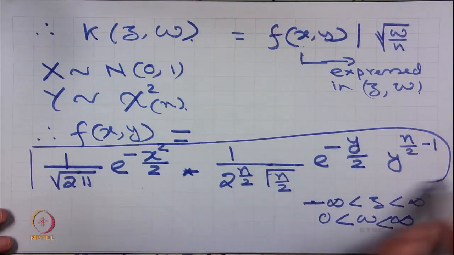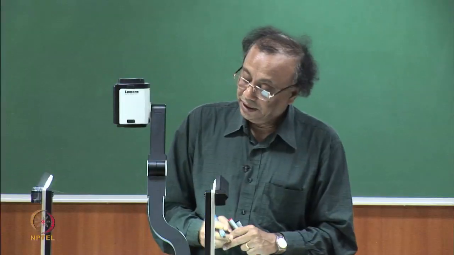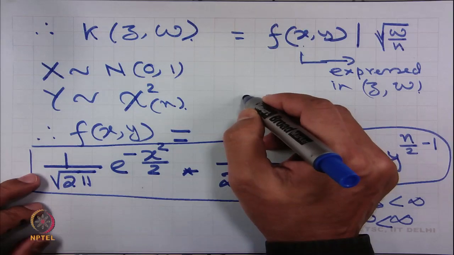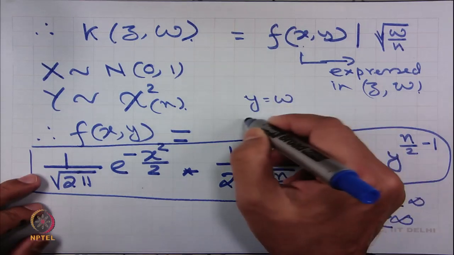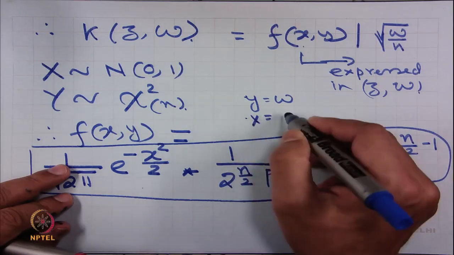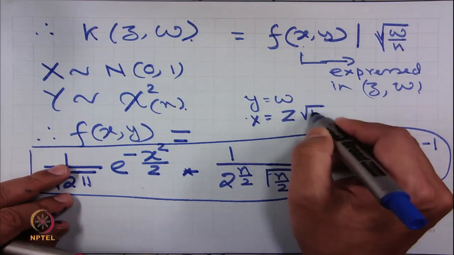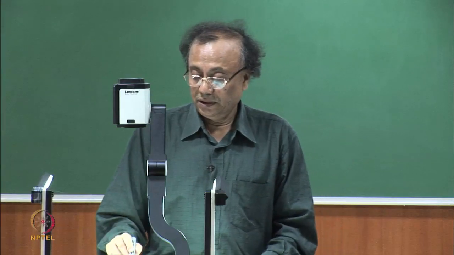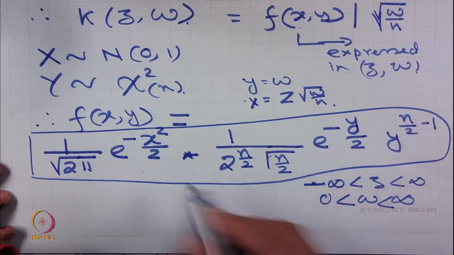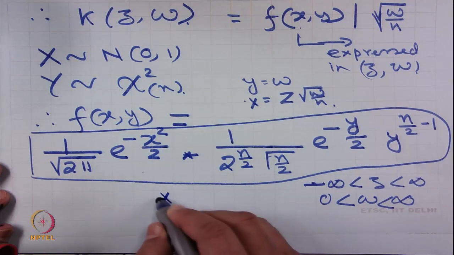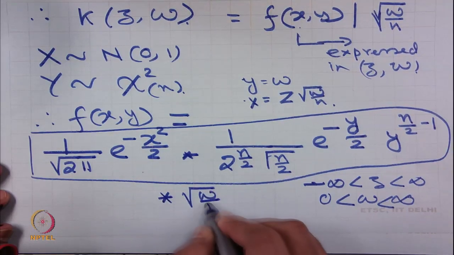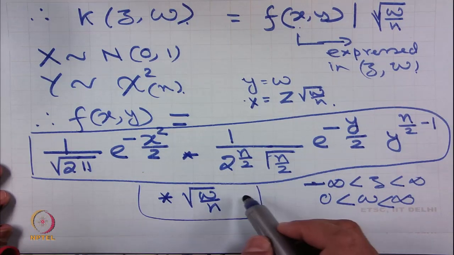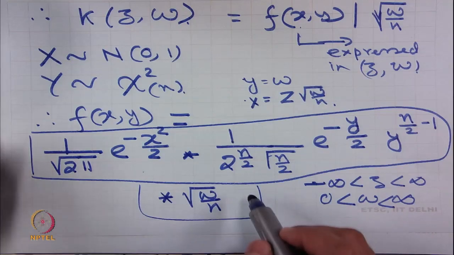Now, this we have to write in terms of z and w, and our transformation was that y is equal to w and x is equal to z root over w by n. So, we are replacing these things here, and this has to be multiplied by the Jacobian root over w by n. So, this whole thing will give me the PDF of z, w.